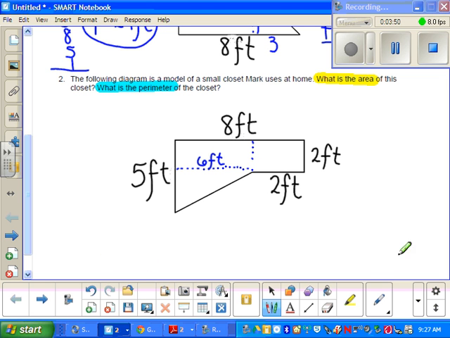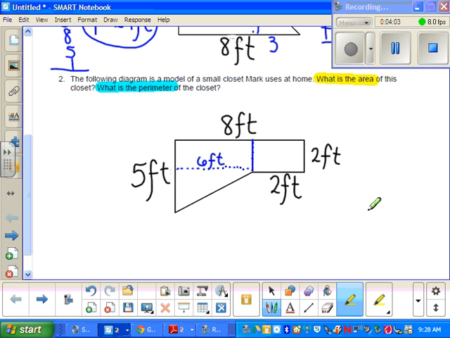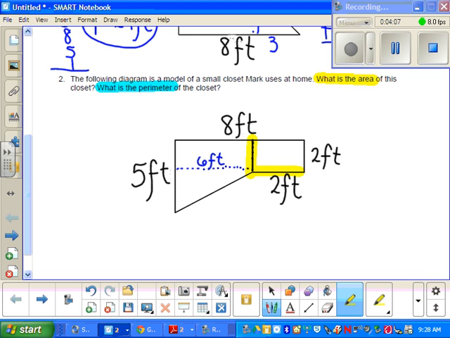So let's get the highlighter, and I'm going to outline each shape. So I'm going to outline my rectangle that I'm going to have. So we're going to have 2 rectangles or just 1?